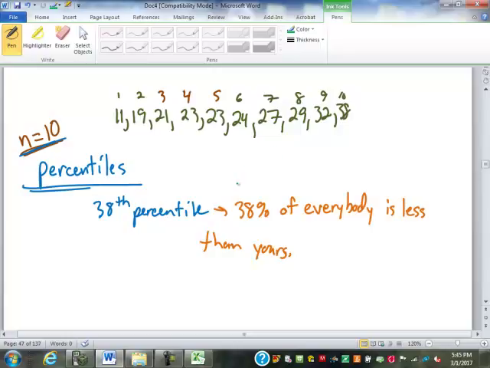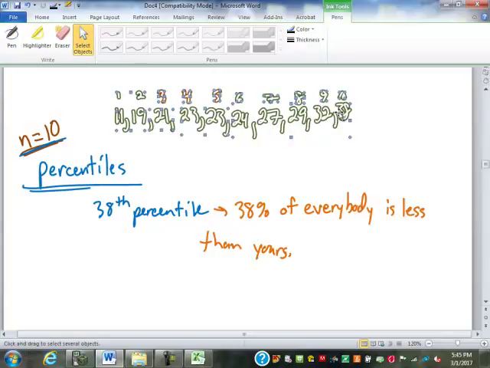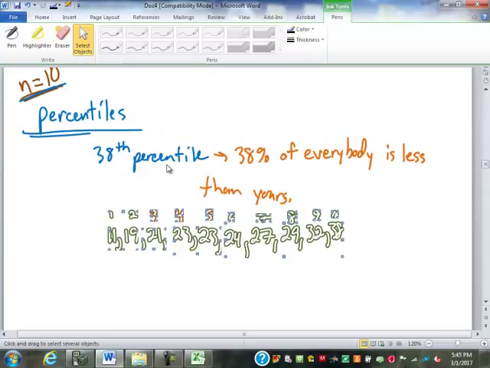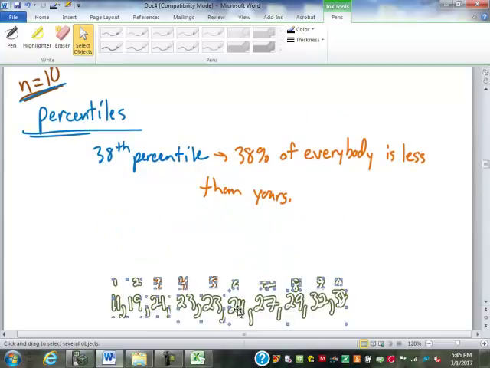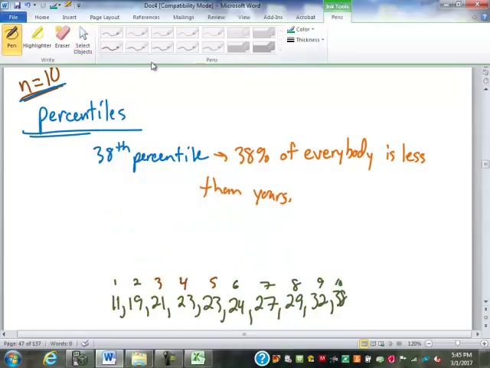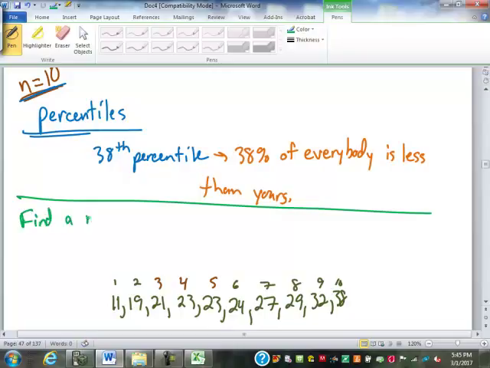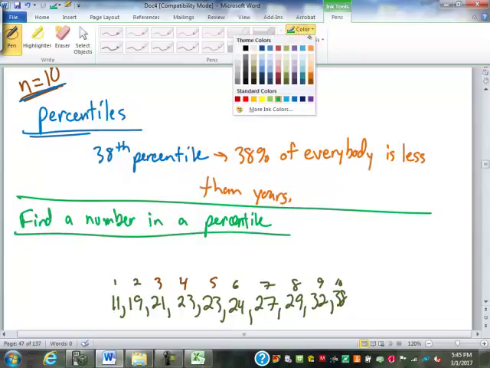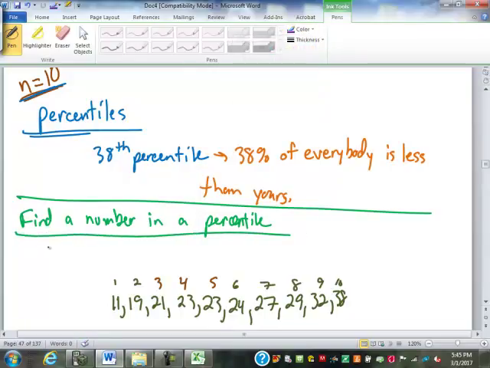So how do we find percentiles? Well, first thing I'm going to do is find the number that's in a given percentile. So I'm going to move this data set down another notch. To find a number in a given percentile, it is all about position. So the position again is n times the percent.